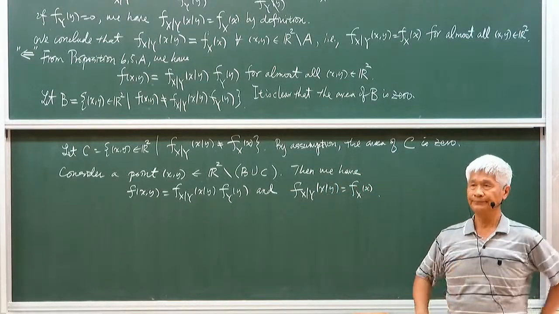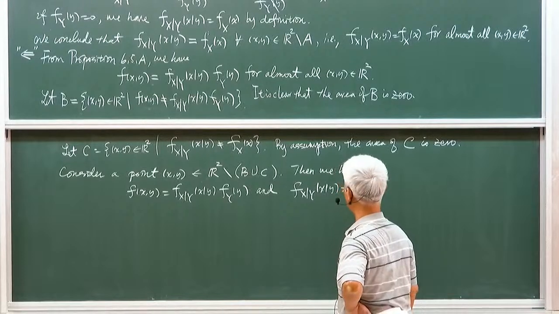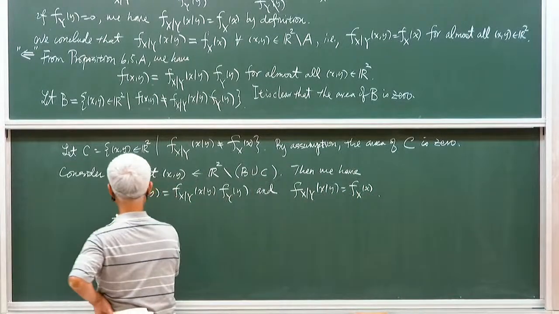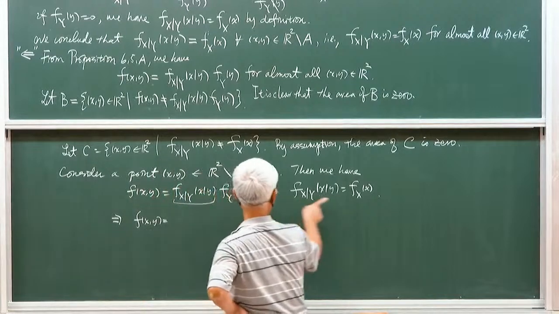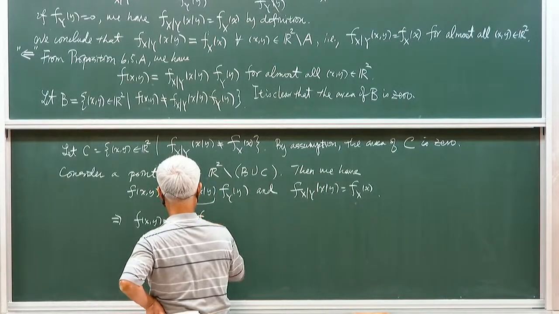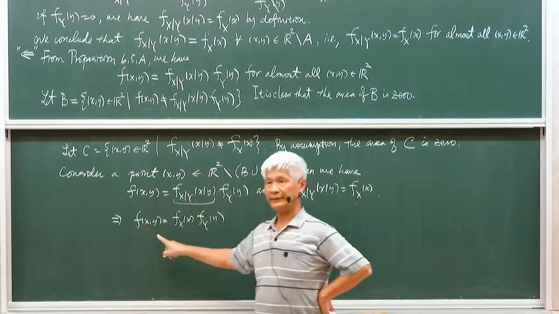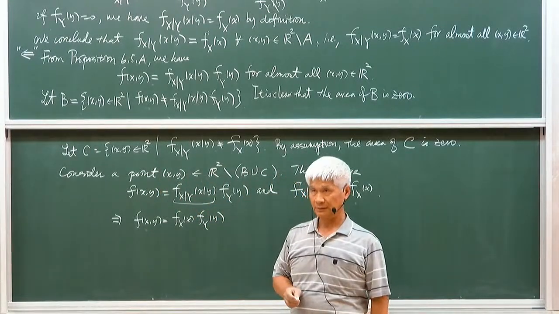Is that okay up to now? Okay, and so this implies that, because this one is equal to this, the joint PDF is just the product of these two marginal PDFs.